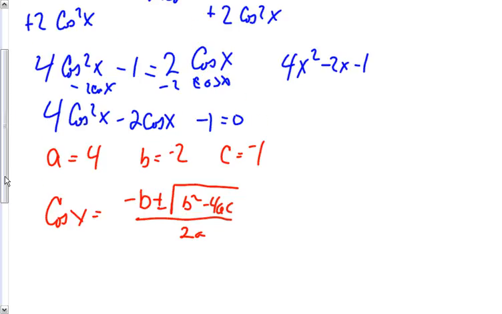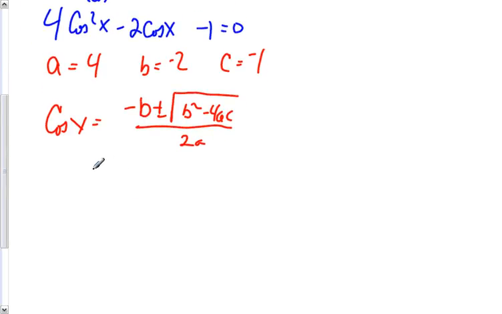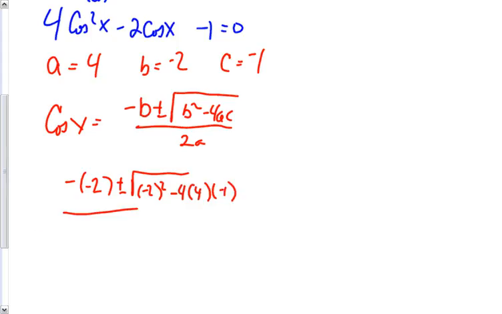Now, substitute in: negative negative 2, plus or minus the square root of negative 2 squared minus 4 times a, which is 4, times negative 1, all over 2 times 4. Do our arithmetic, because that's what we do, and we should be good at it.